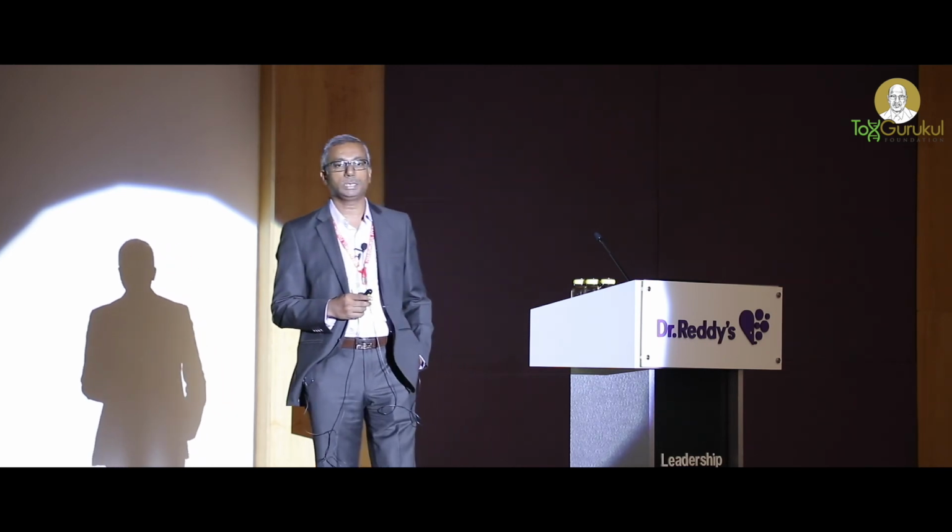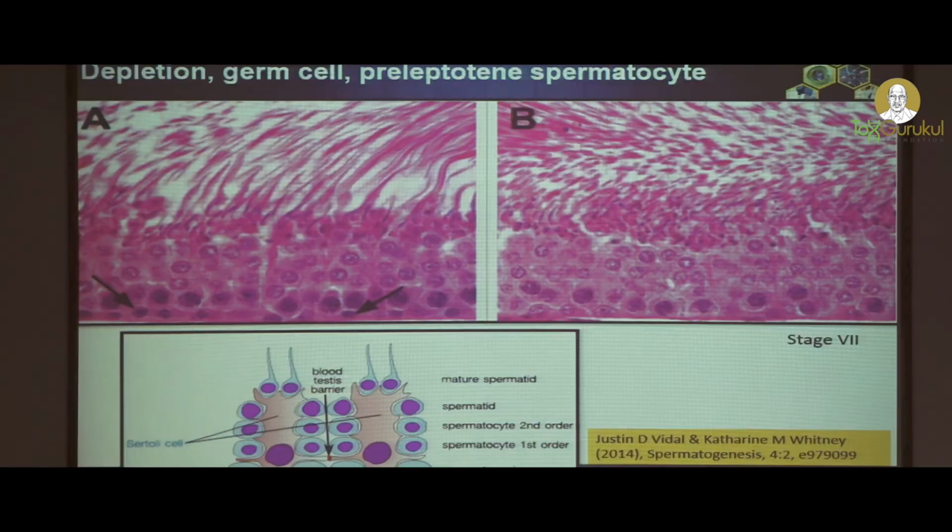Here is an example of a preleptotene germ cell depletion. On your right is the normal animal histology, whereas here you see that the preleptotene spermatocytes which are present over here are completely absent. You see pachytene spermatocytes and the round and elongating spermatids in stage 7 here.